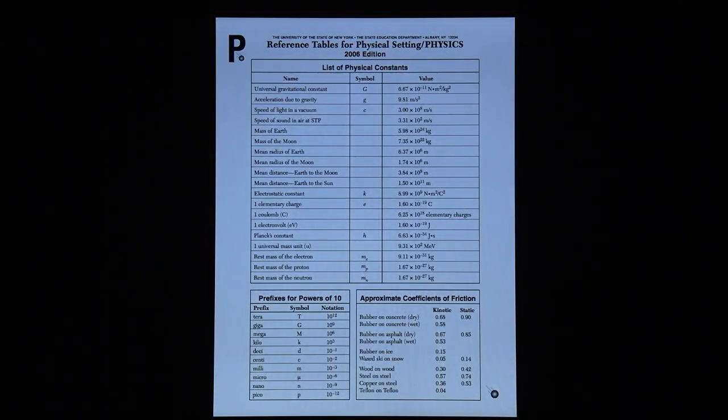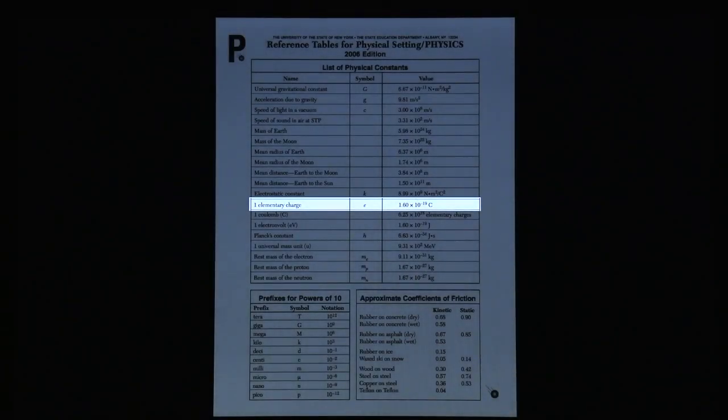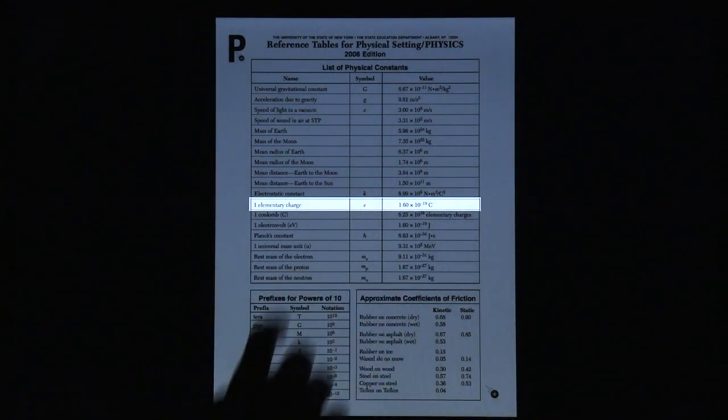So now, how do we figure out the charge of these things? We can look at our reference table. The front cover tells us the charge of electrons and protons. But if you look through the whole front cover, you will not see a charge on a proton, and you will not see a charge on an electron. What you'll see is this one line here that says 1 elementary charge.